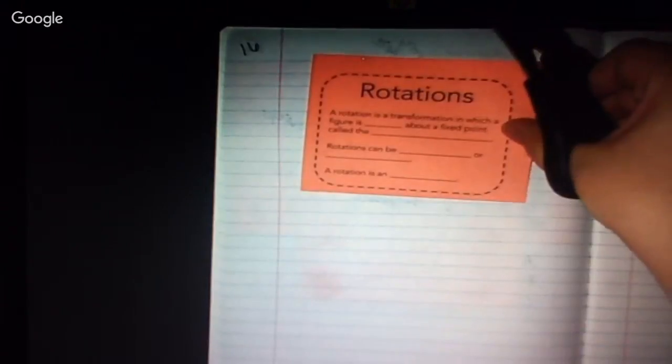This little one that says rotations, you're going to cut this out. So you're going to take this and glue it over that brass piece. So look, it disappears.